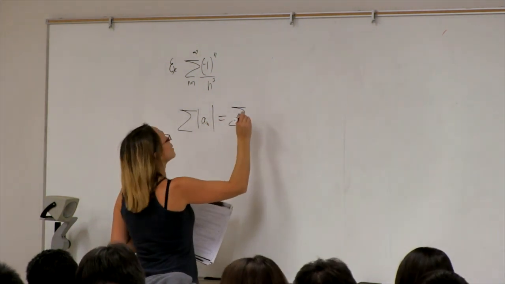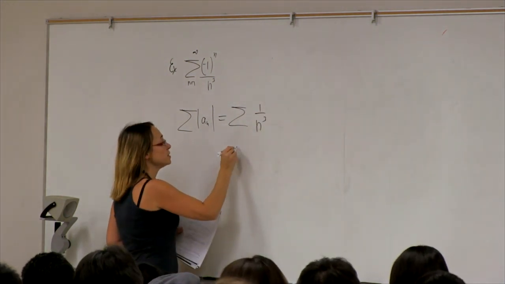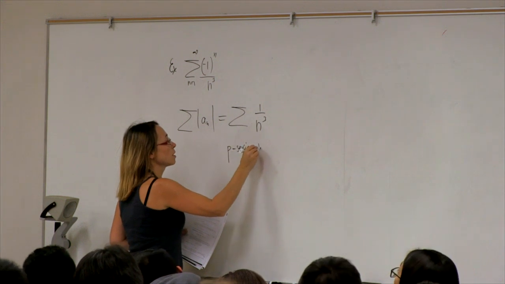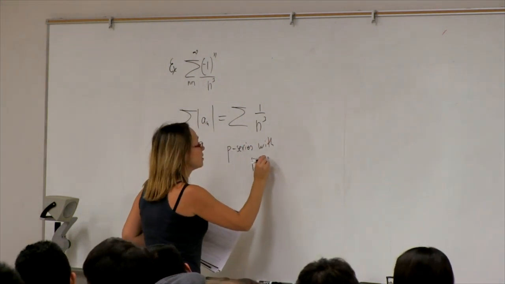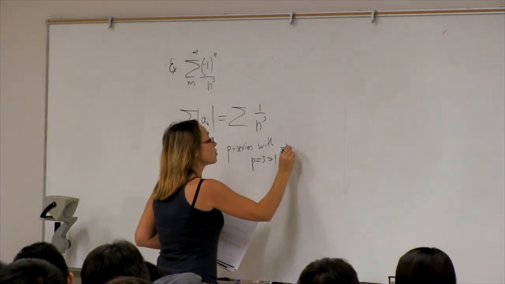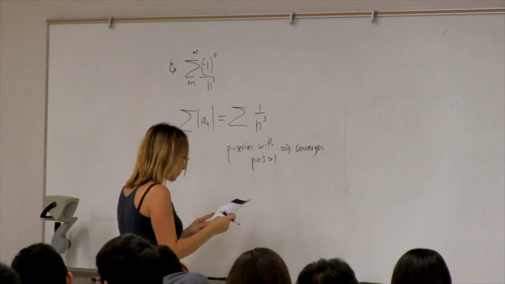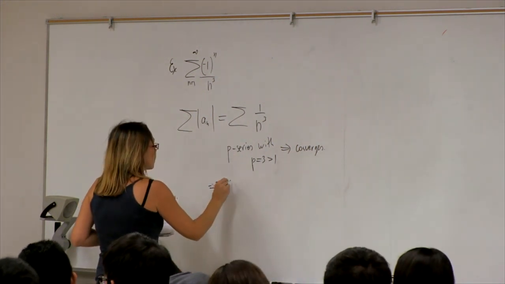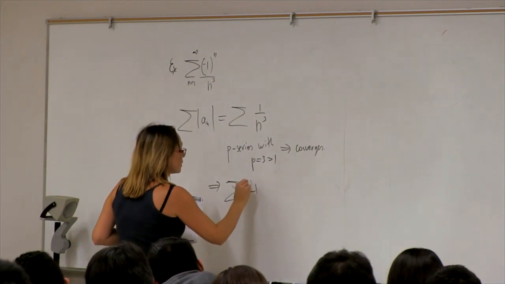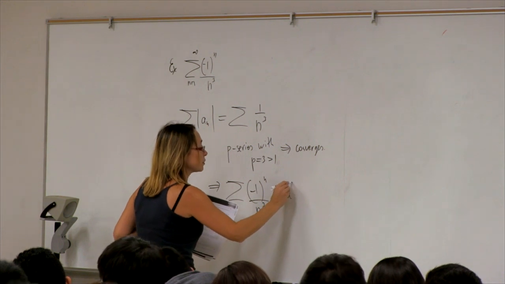This becomes 1 over n cubed, and this is a p series with p equals 3, which is greater than 1. So this converges. Okay, so we can conclude that the given series, with n cubed, is absolutely convergent.